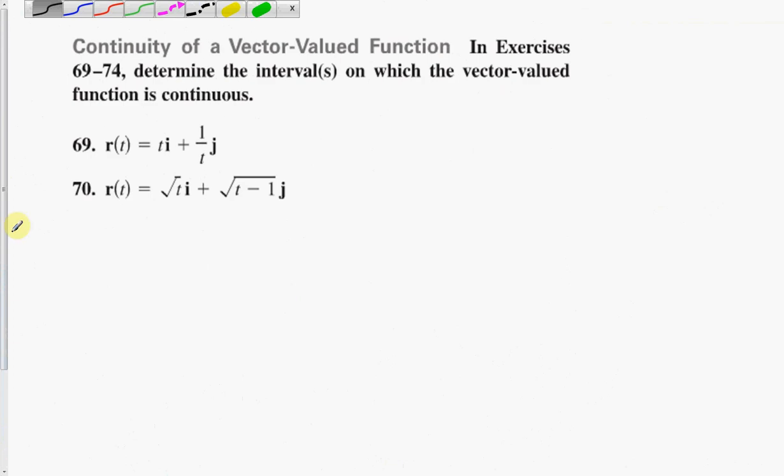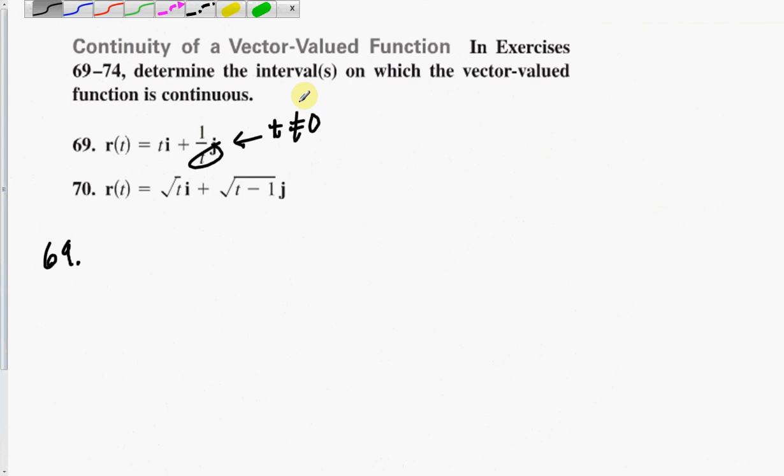What about continuity? Lastly, in exercise 69 and beyond, I only have 2 problems here to consider. Determine the intervals on which the vector valued function is continuous. So if you think about 69, the only hiccup that we have is in our denominator, and that is that t cannot equal 0.